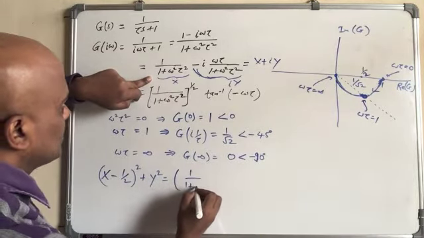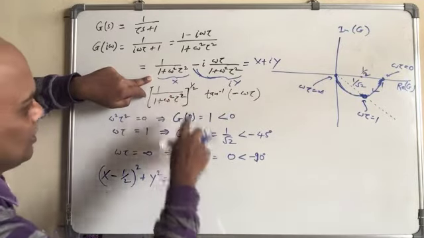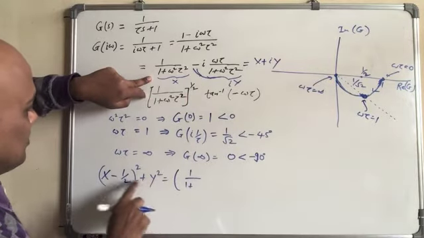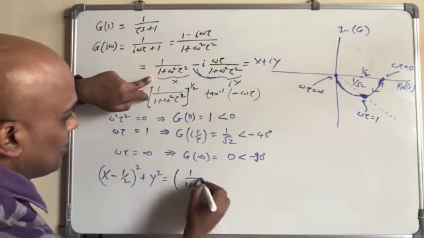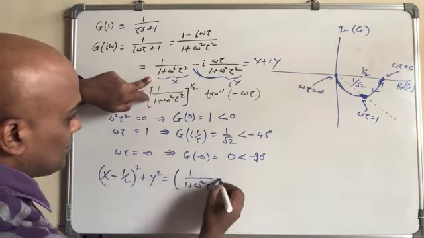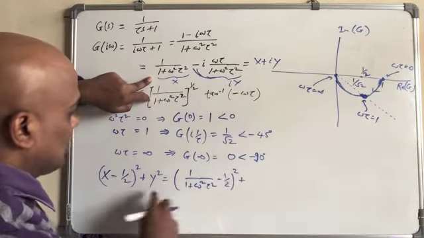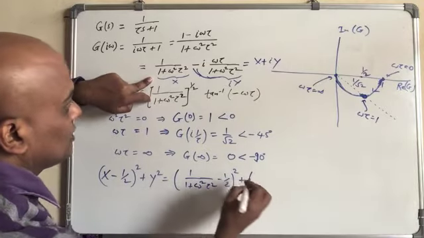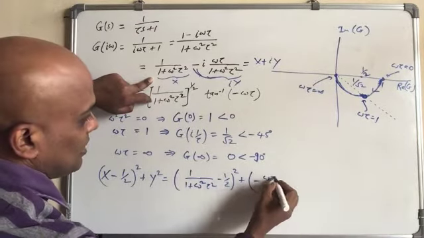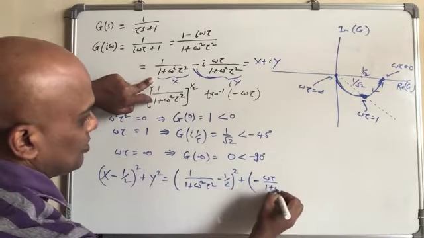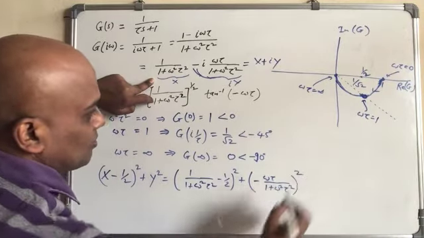Here what we get is 1 over 1 plus omega square tau square, minus half, square, plus y square, where y is minus omega tau over 1 plus omega square tau square, and square.